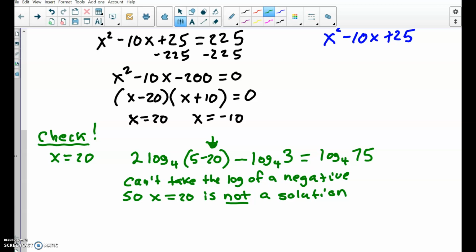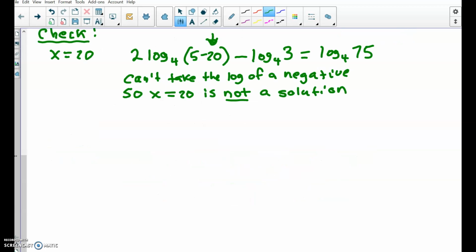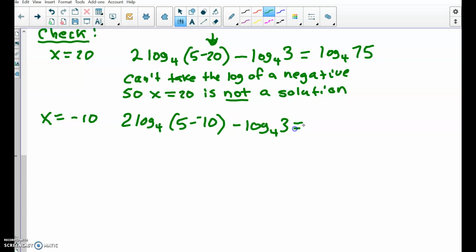Okay, so let's check negative 10 then. So then we would get 2 log base 4 of 5 minus negative 10 minus log base 4 of 3 equals log base 4 of 75.